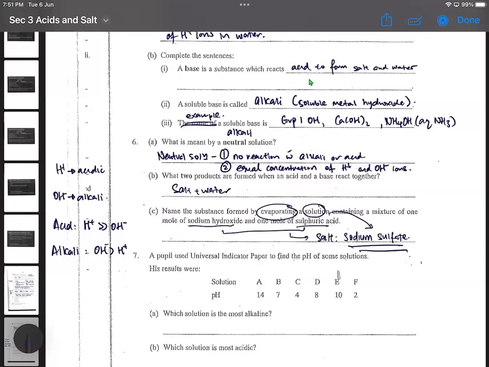So this one, I also don't know what they're trying to ask, but actually there is this 1 mole and 1 mole thing, right? It actually has an impact. The real answer is actually not sodium sulfate, but for now we don't touch on this.